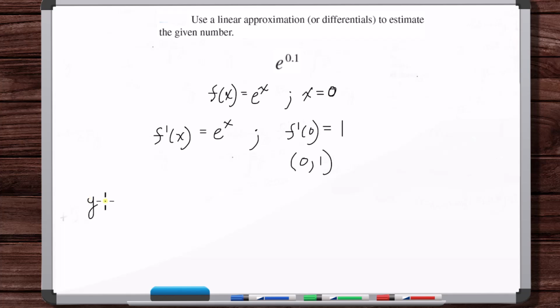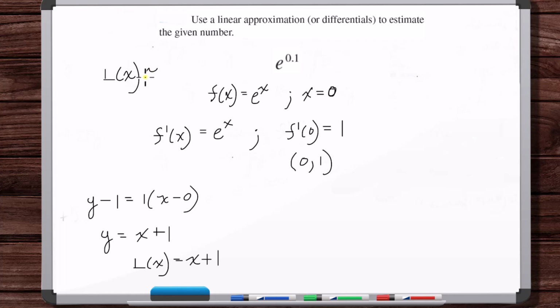So we've got y minus y1 is equal to m times x minus x1. So y is equal to x plus 1. This is L of x. Remember, L of x is approximately equal to f of x right around 0.